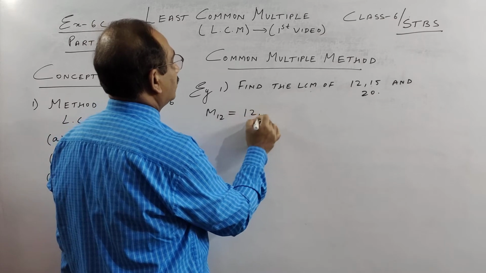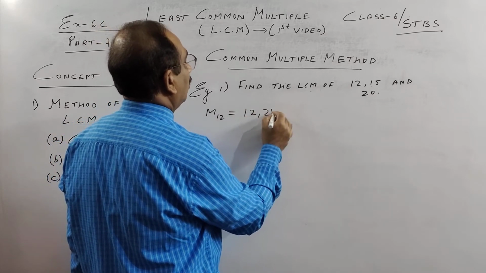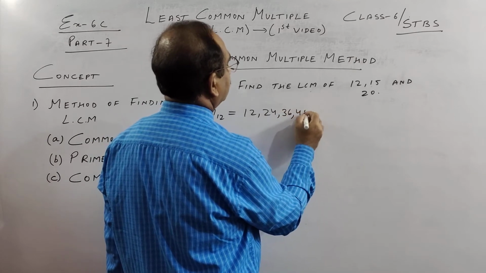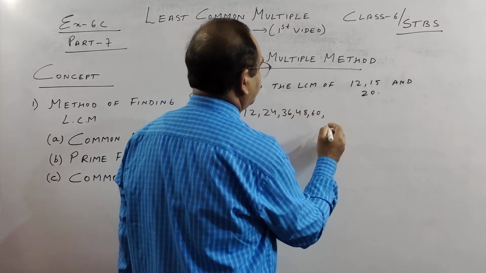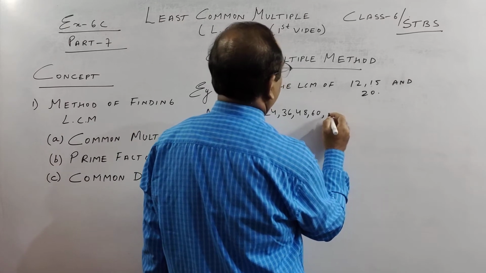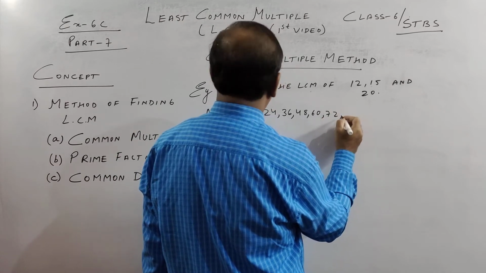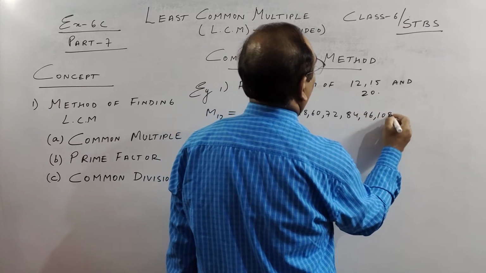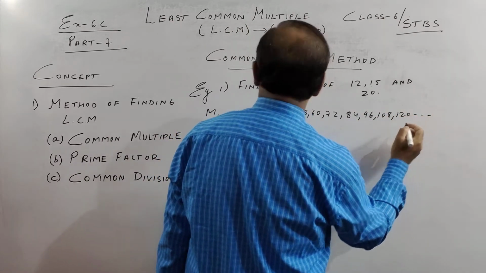Now, multiple of 12 is 12, table of 12. Okay. So up to at least 10 times we will go. So from the very beginning, children, I'm telling you all to be good at tables.